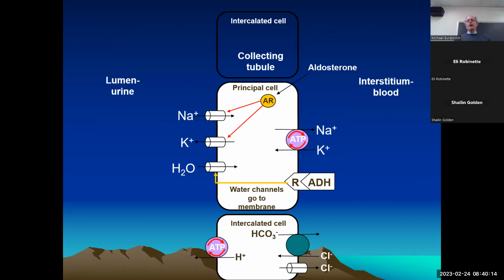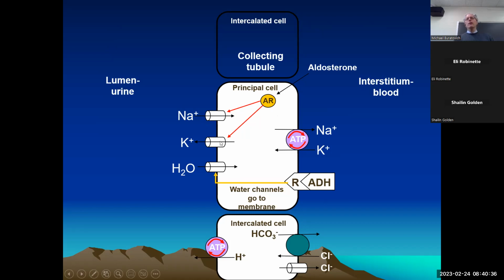So here are the principal cells. The principal cells recapture sodium, and they do so at the expense of potassium. And of course, you recapture water. If this is the aquaporin, that's in response to ADH.